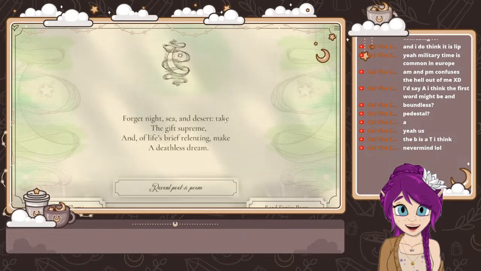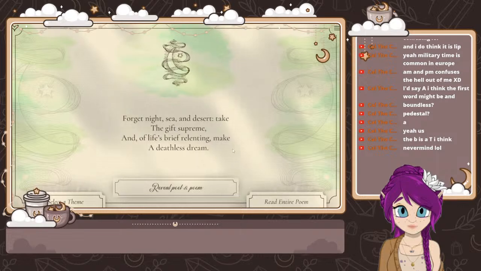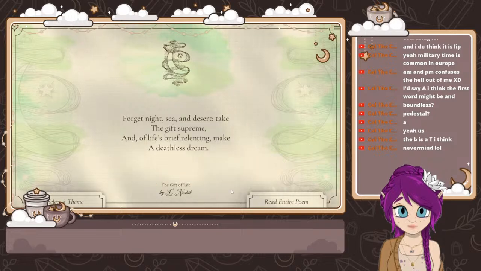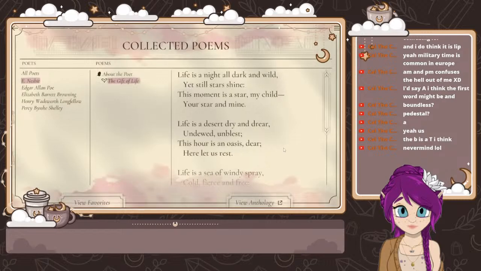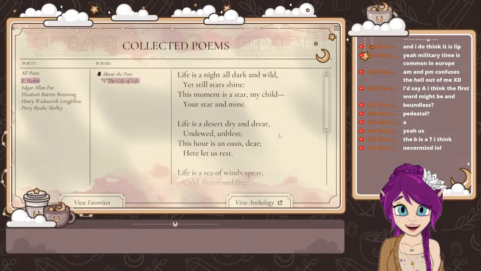What kind of poem is this? Forget night, sea and desert. Take the gift supreme, and of life's brief relenting make a deathless dream. The gift of life. Life is a night, all dark and wild, yet still stars shine. This moment is a star, my child, your star and mine.